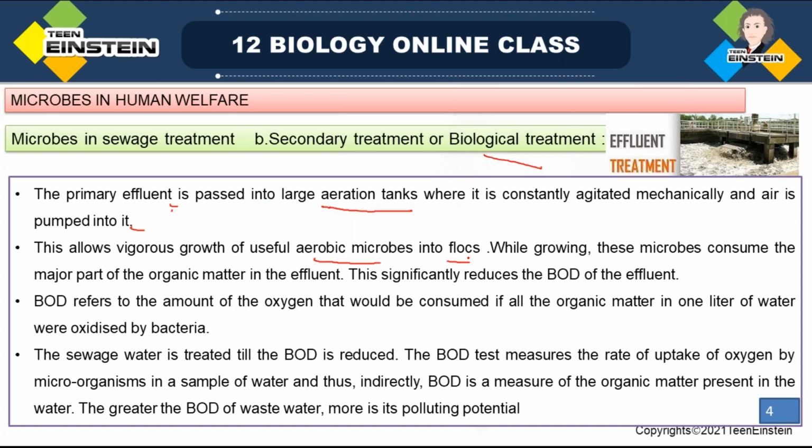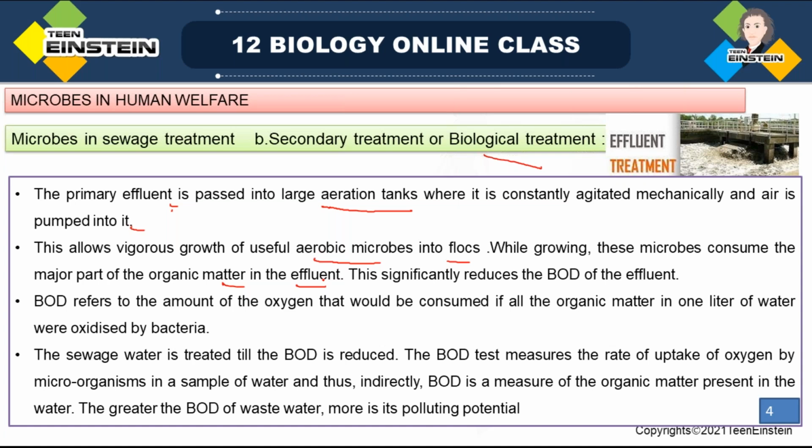While growing, these microbes use the major part of the organic matter in the effluent. For their growth they need some nutrients, right? So the aeration of the tanks and constant mechanical agitation allow the growth of microorganisms.